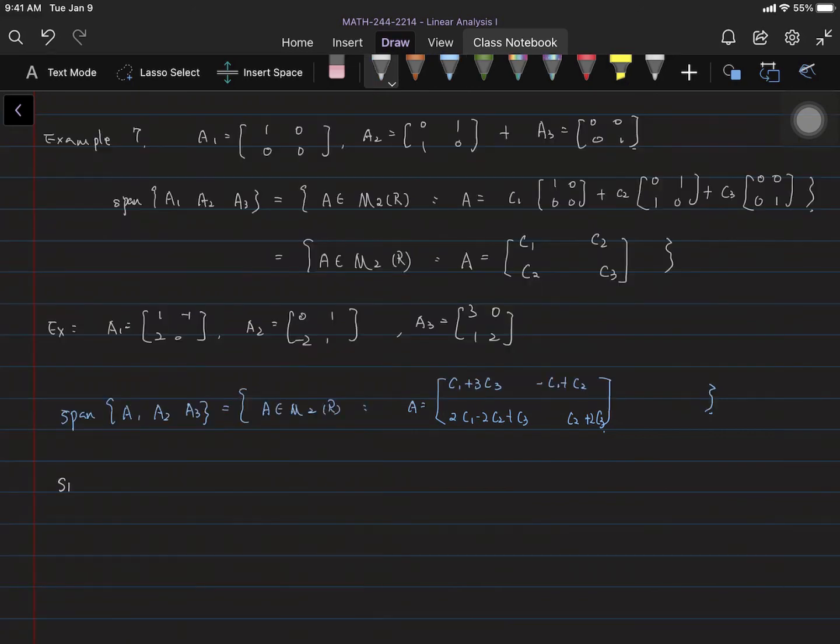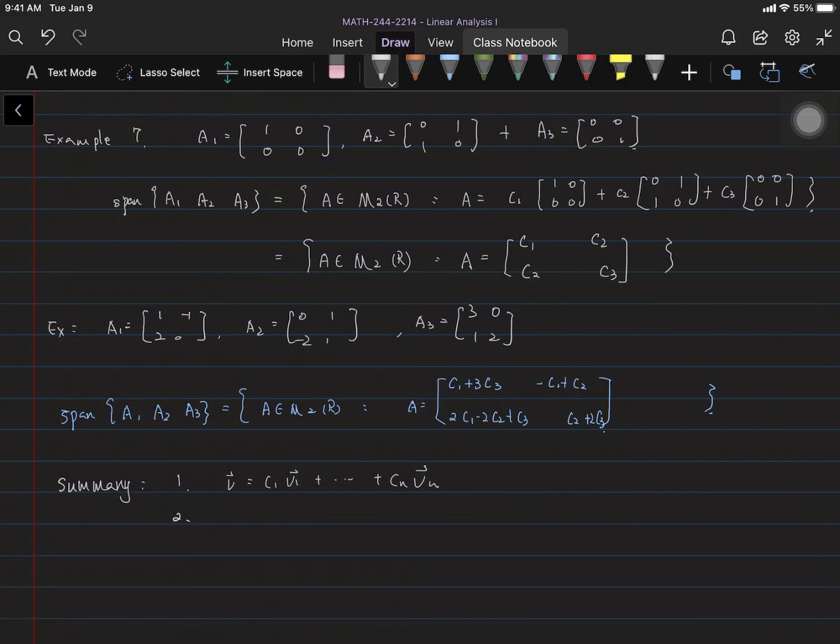Here is the summary of this section. The first thing we need to know is the definition of a spanning set. That means any vector can be written as a linear combination.